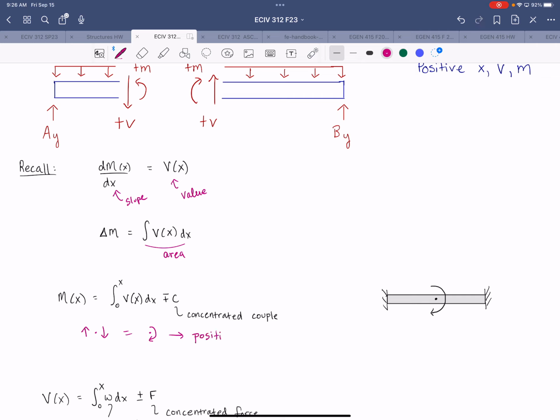Upward is appropriate if it's a beam, but not necessarily if it's a column, right? Because then you orient your shear moment diagrams a little differently. So I'll say positive step. And conversely, a moment that causes a counterclockwise rotation about a point will result in a negative step within your moment diagram.